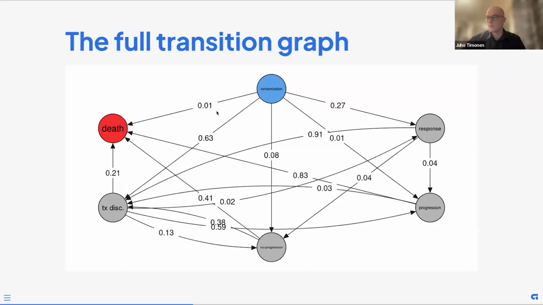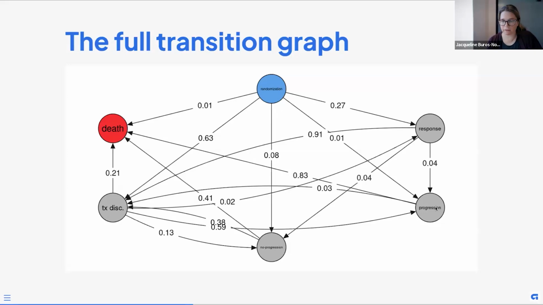And the other way to look at this is to see how the fatality rate varies according to the preceding event. So progression is obviously very bad. The absence of progression is also not a great predictor. And then treatment discontinuation.